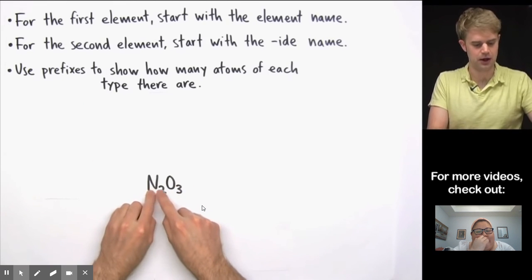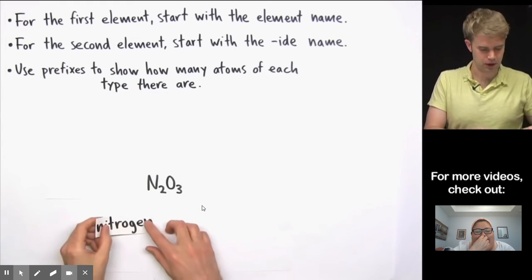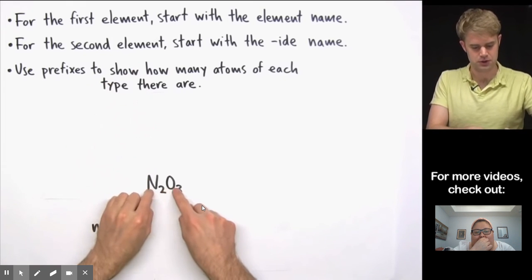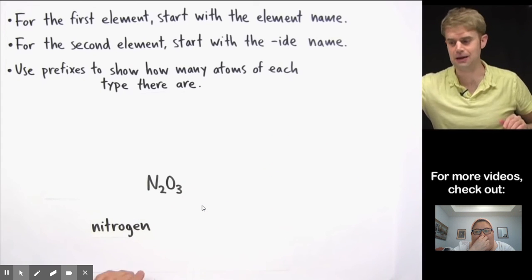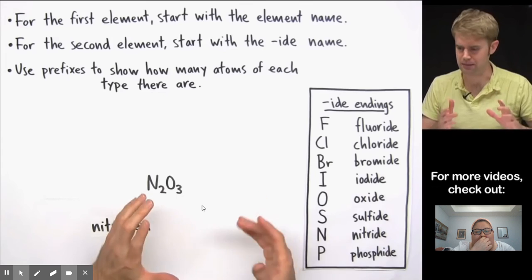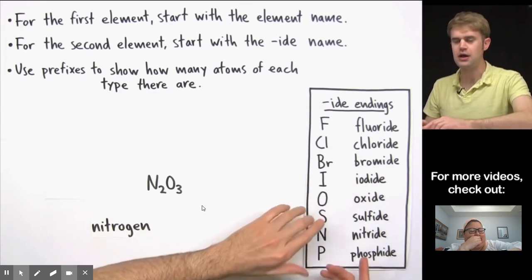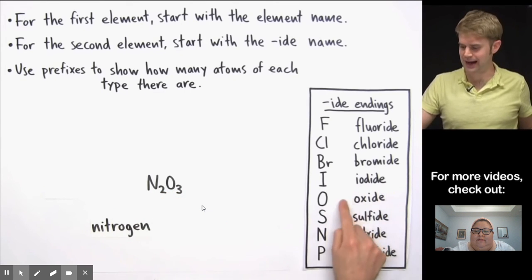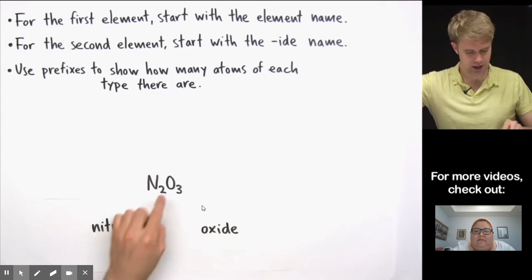So the first element here is nitrogen, N. So it says start with the element name. Okay, so I'm going to put nitrogen down. That's the element name here. Now for the second element, so that's this here, oxygen. For the second element, start with the IDE name. Now the IDE name is the version of the element name that ends in IDE. These are actually the same names that we'd use to name negative ions. So we've got oxygen here. We're going to use its IDE name, which is oxide. Okay? So we got nitrogen and we got oxide.